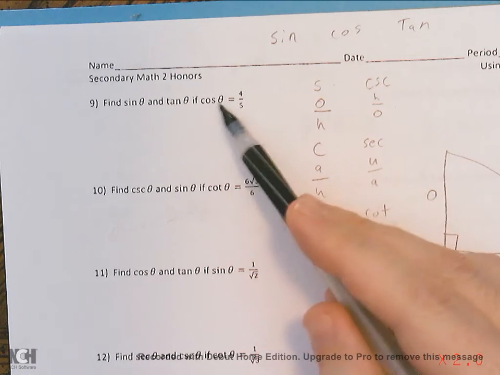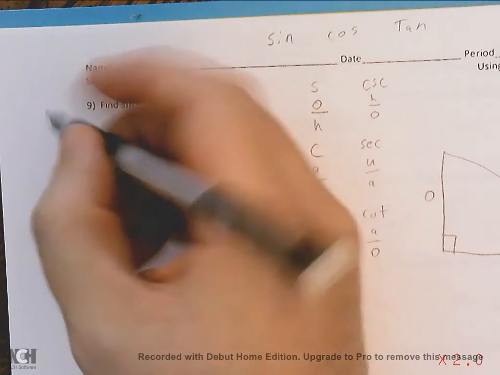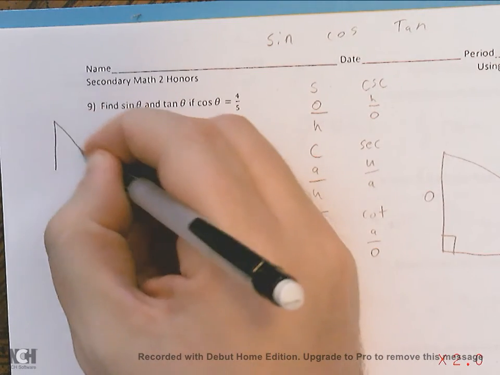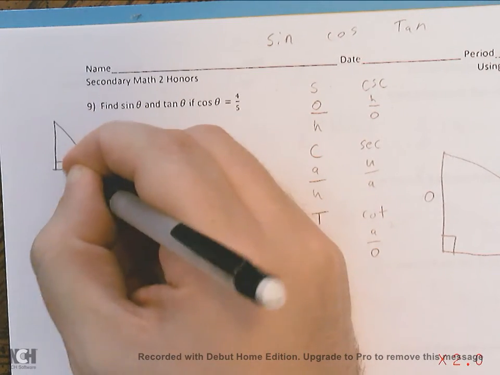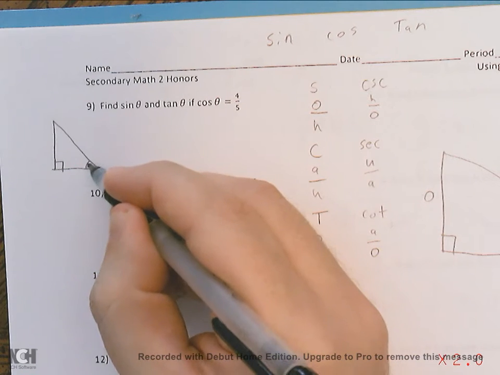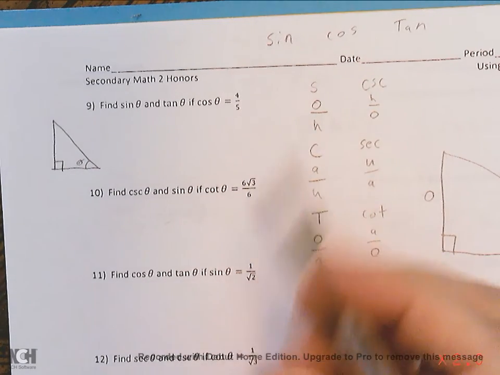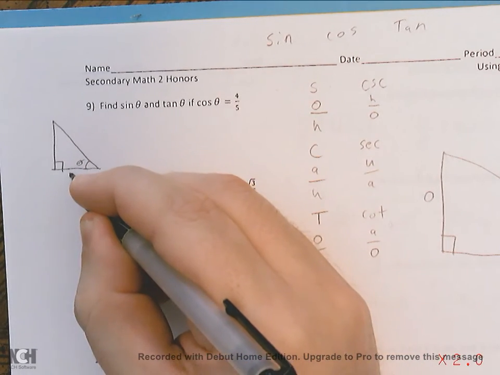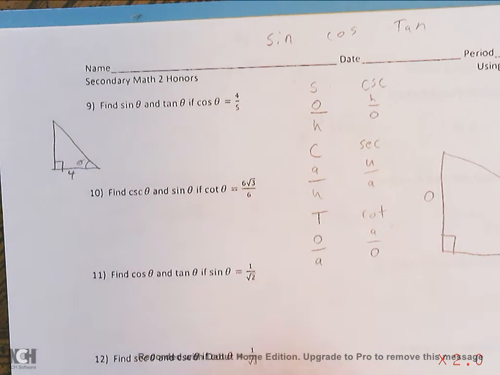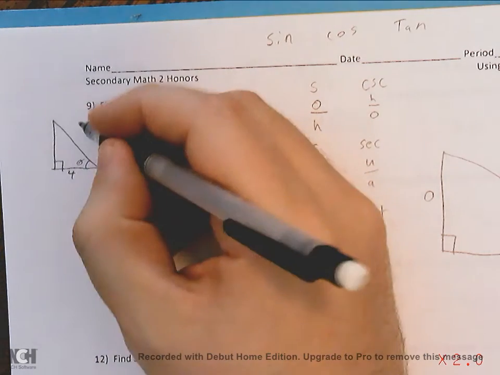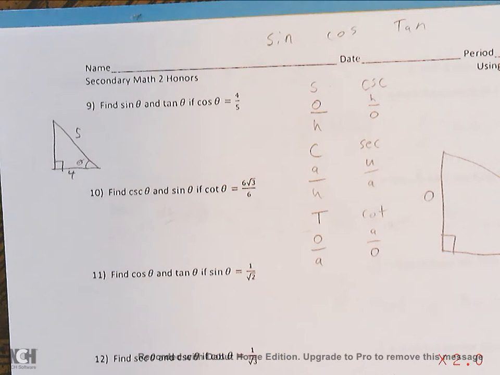That means if I were to draw my right triangle, here's my theta, and I know that the cosine is 4 over 5. That means the adjacent side has to be 4, and the hypotenuse has to be 5.